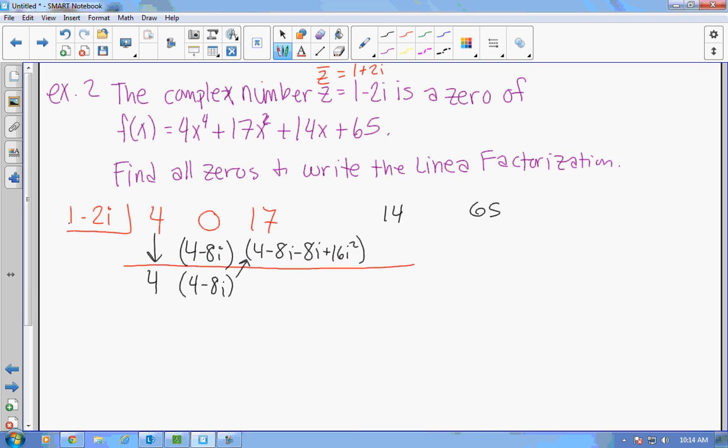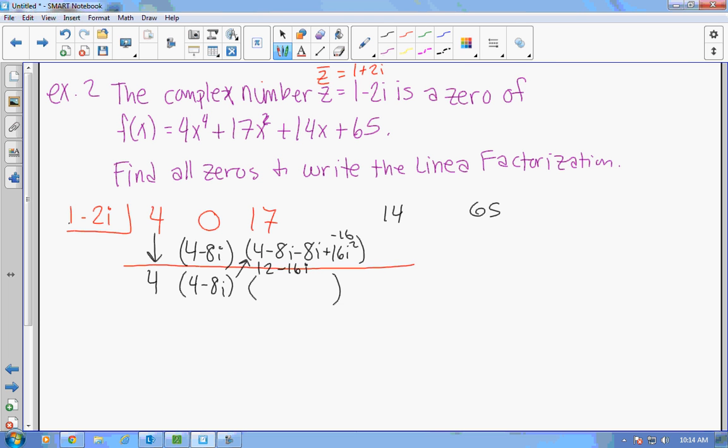Okay, and what happens? This becomes negative 16. We have like terms. 4 minus 16 is negative 12, minus 8i minus 8i is minus 16i. So now I'm going to add it up with the 17.